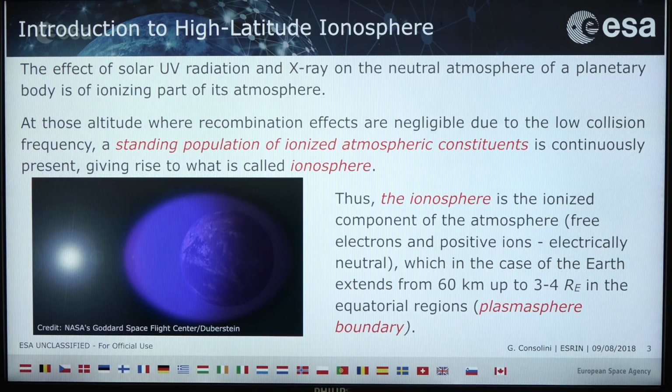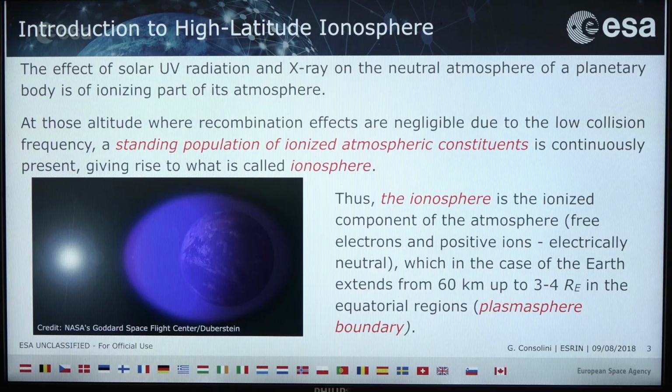Regarding the Earth, the ionosphere is essentially that part of the atmosphere which is completely or partially ionized, and it consists of free electrons and ions of different species.